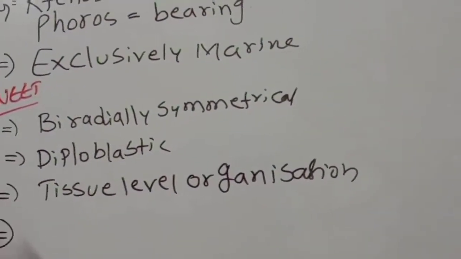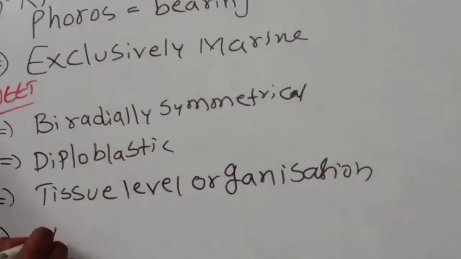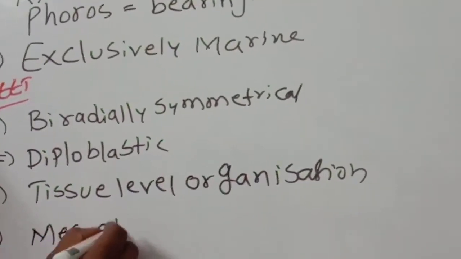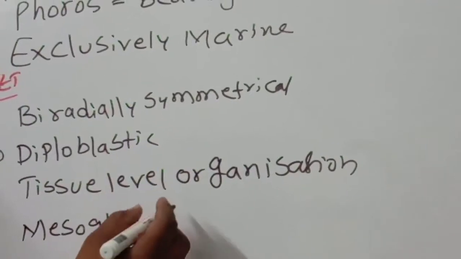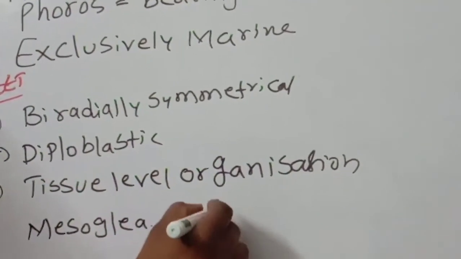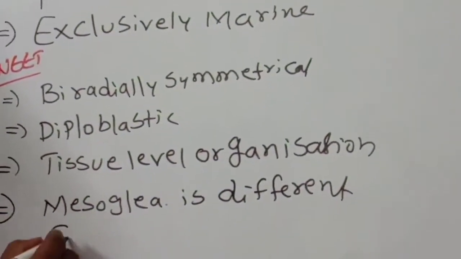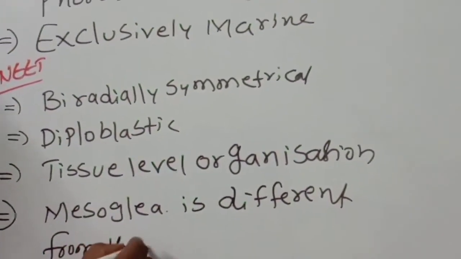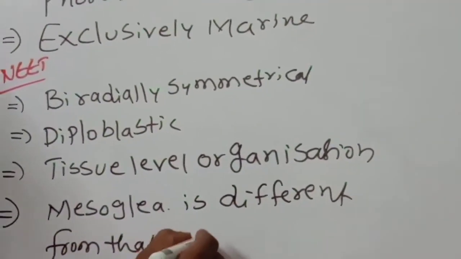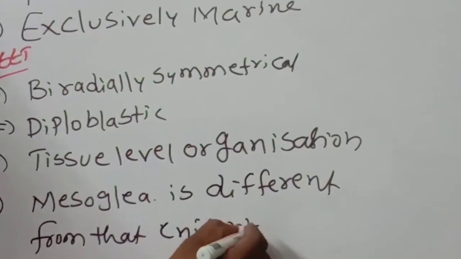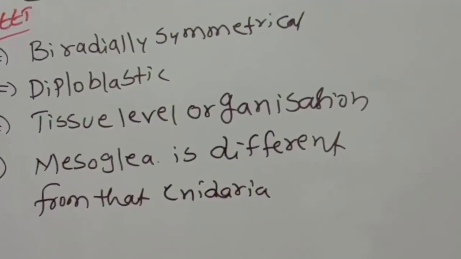They are diploblastic, but you know very well, mesoglea is also present, and it is different from that of cnidaria. Mesoglea is also present but not like in cnidarians.